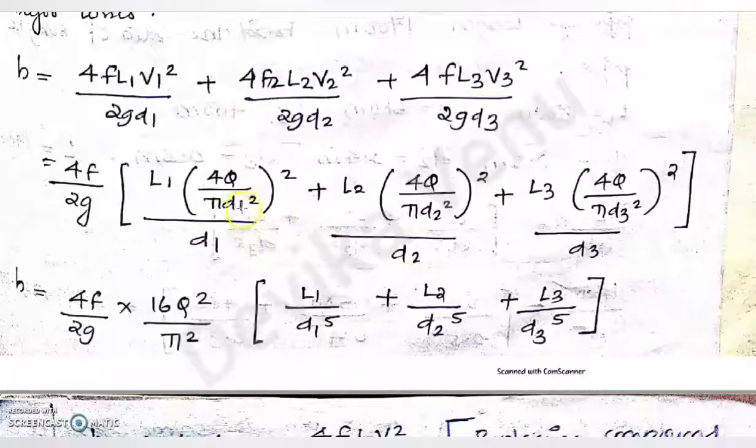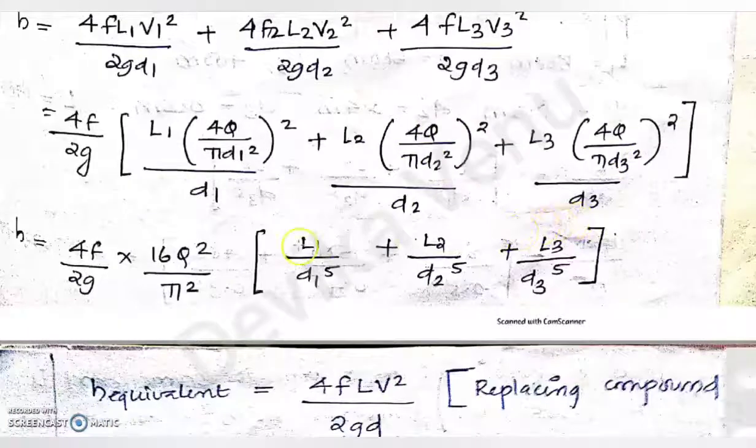Here there is d1 square, squared, that is d1 raised to 4, into d1. So that is d1 raised to 5. The same for each term. So this is the equation for the head loss if it is a compound pipe, a combination of three pipes.